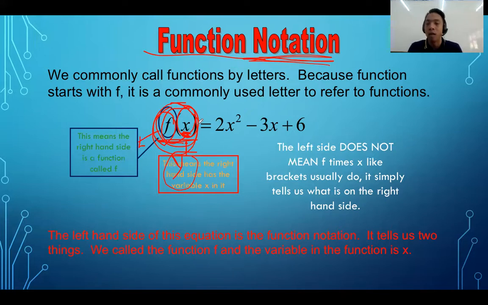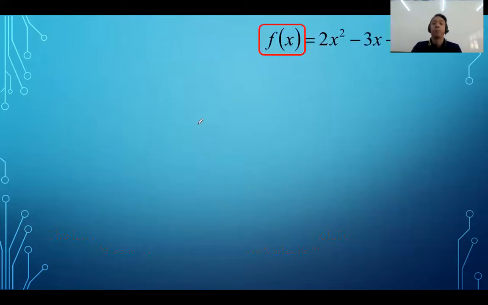It will not mean f times x. That's wrong. It must be function of x. So that's why we just call it function of x.